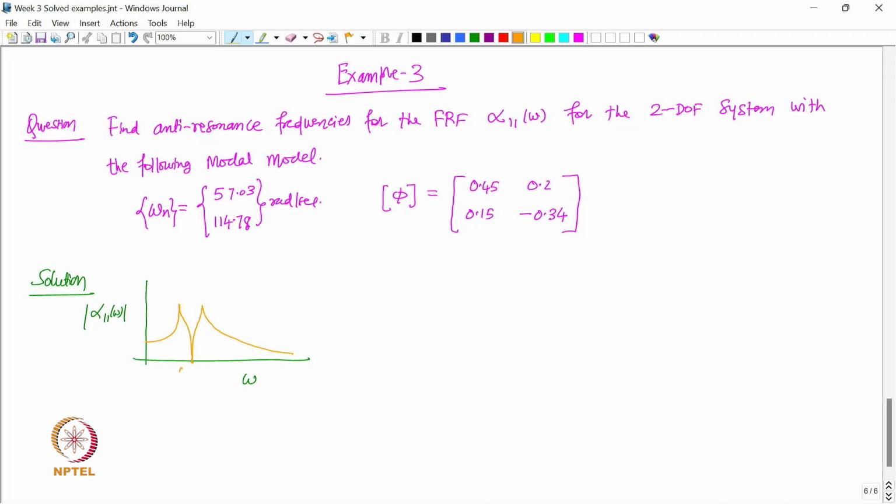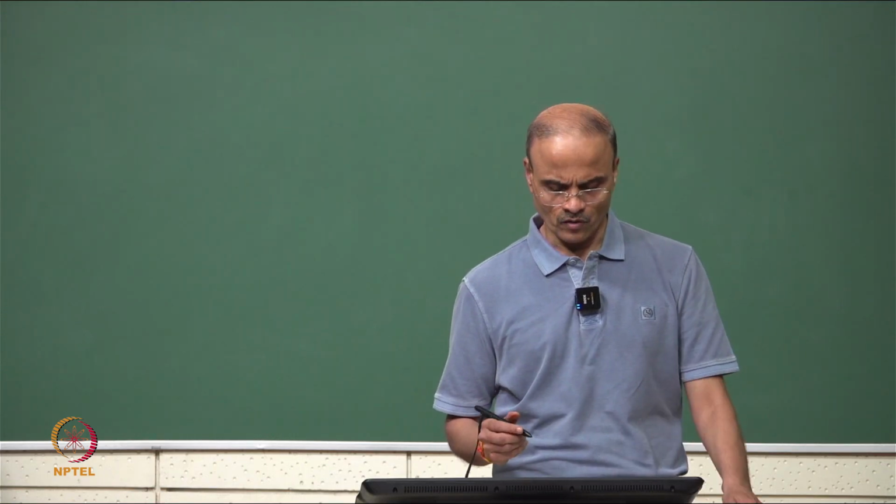If I call omega AR the anti-resonance frequency, this is the anti-resonance frequency, and where it becomes very high, those are the resonant frequencies, which we already found in our earlier session. Finding natural frequencies is basically finding resonance frequencies, by solving the eigenvalue problem. In this problem we have to find the anti-resonance frequency, where the FRF becomes 0, and based on the model we are going to find this frequency.